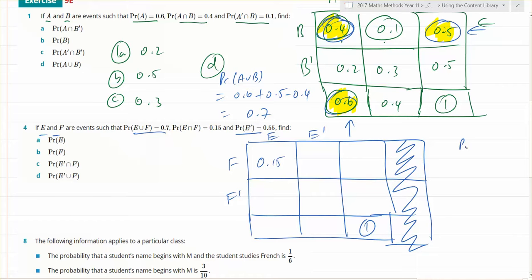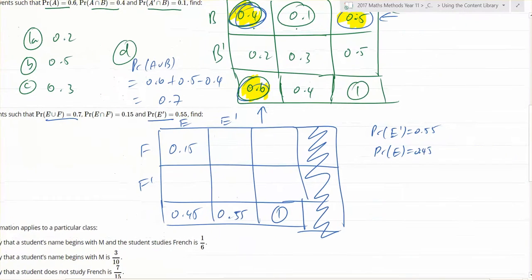So if the probability of not E is 0.55, then the probability of E would be 0.45, because it's a complement, right? So the probability of E is 0.45, and not E is 0.55, which gives us 1.